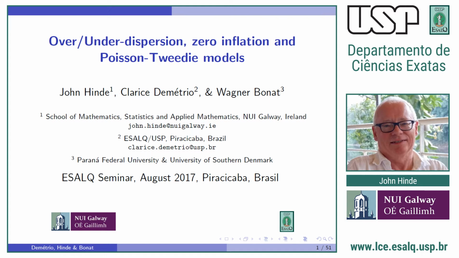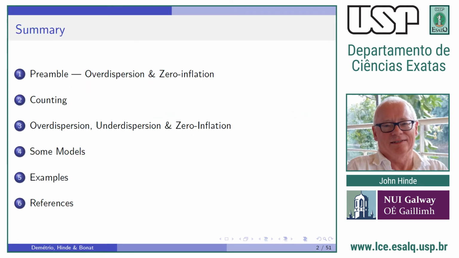So this is some work with Clarice, who you know, and Wagner from Curitiba. This is about over and under dispersion, zero inflation, and some models. Just in case some of you don't know about these things, I'll give a quick introduction.